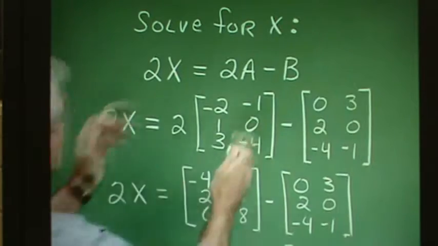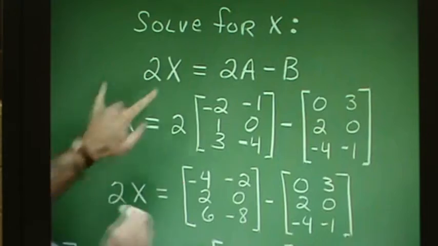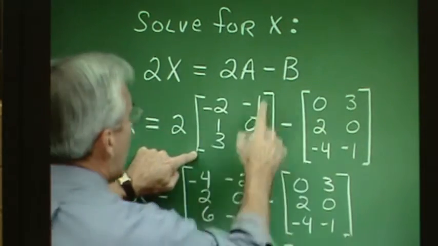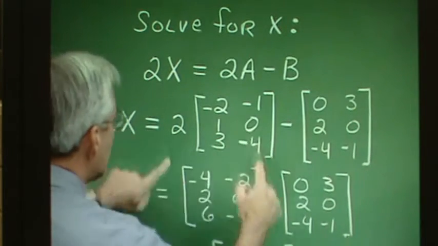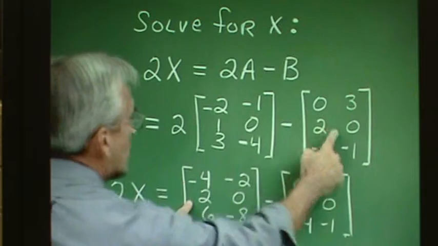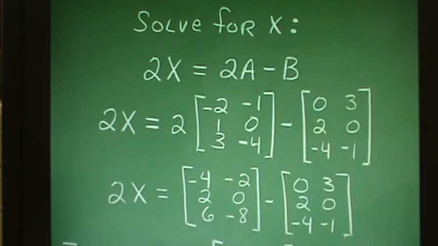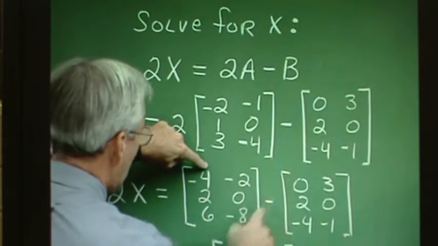I've elected to just take this expression and simplify it as much as I can. So we have 2x equals 2 times A, and the A is from before, and then minus the B from before. You see, and now 2 times this using our scalar multiplication. Subtract this, we bring it down, so now we subtract corresponding entries. And just as an example, -4 minus 0 would be -4.